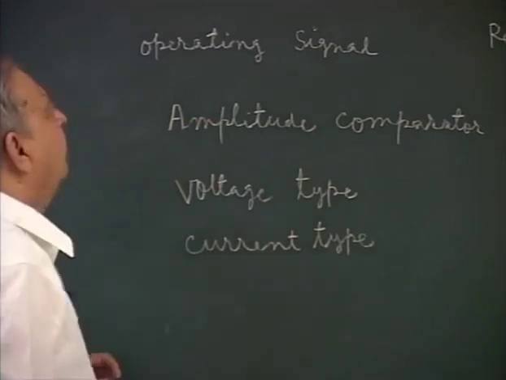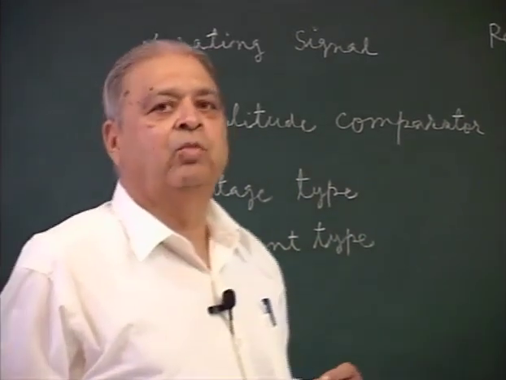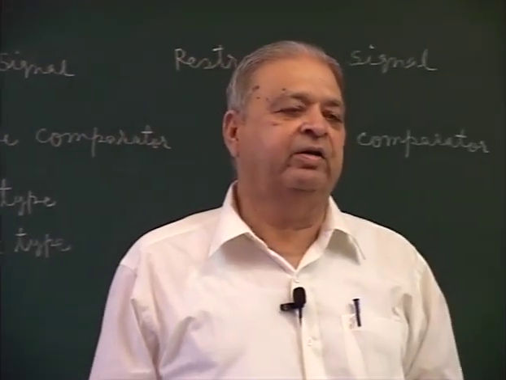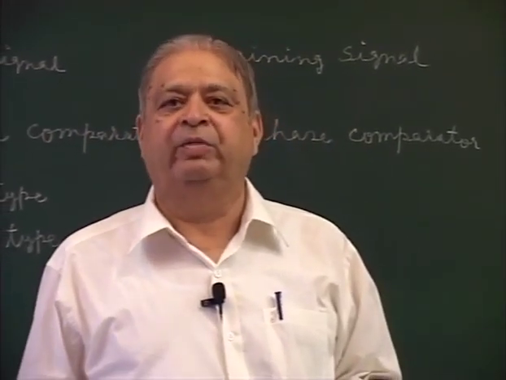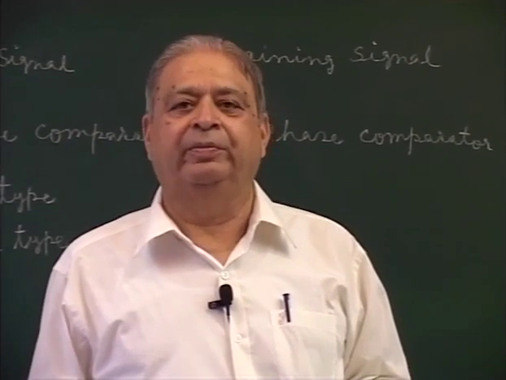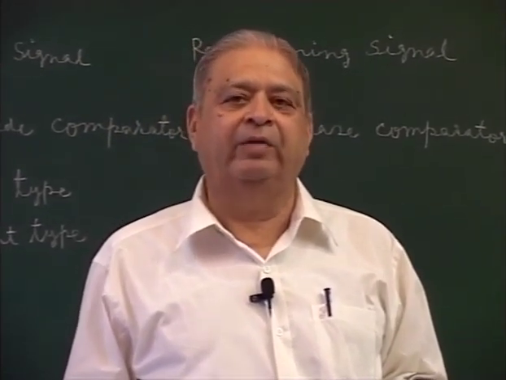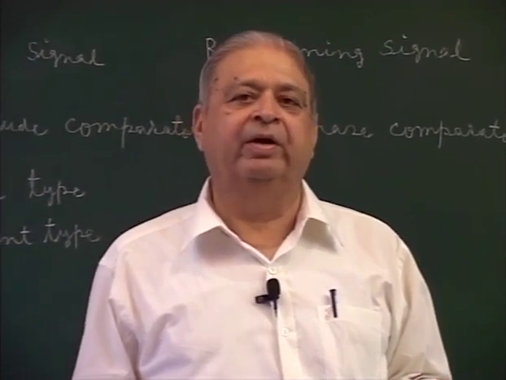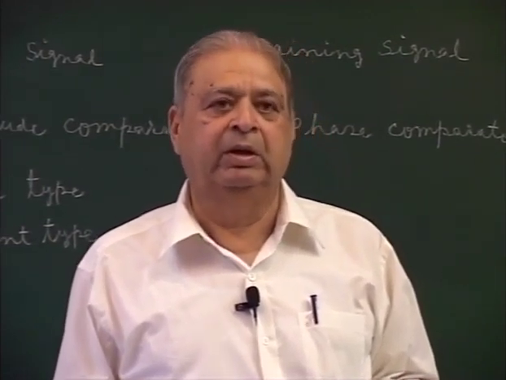That is, the operating and restraining signal both can be voltages or both can be currents, but both must be of the same type. Then we can either compare their amplitudes or we can compare their phases.